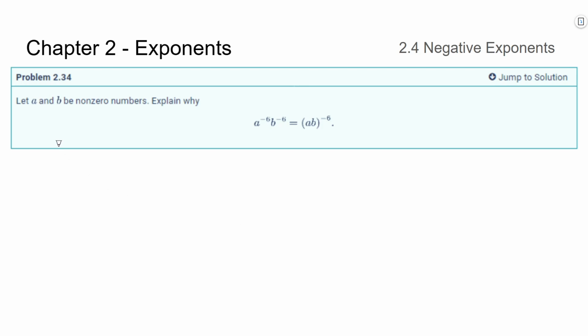Okay, let a and b be non-zero numbers. Explain why this is the case. All right, so let's go ahead and see if we can just work this out. So a to the negative 6 is going to be the reciprocal of a to the 6th times, remember when variables are just like touching like that, that means they're being multiplied. So times the reciprocal of b to the 6th.